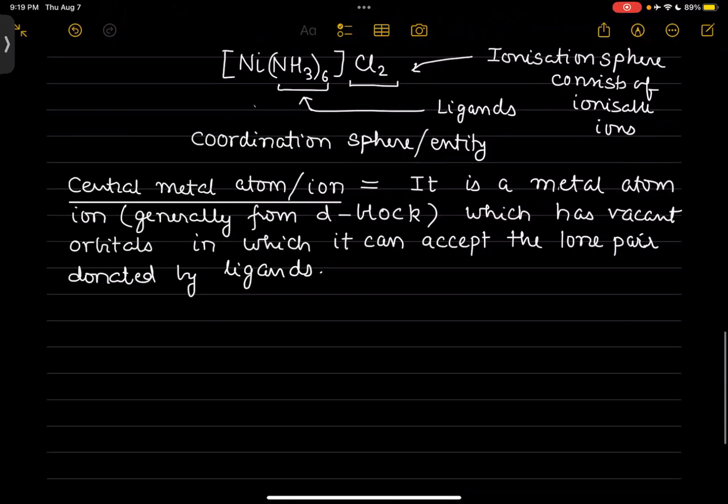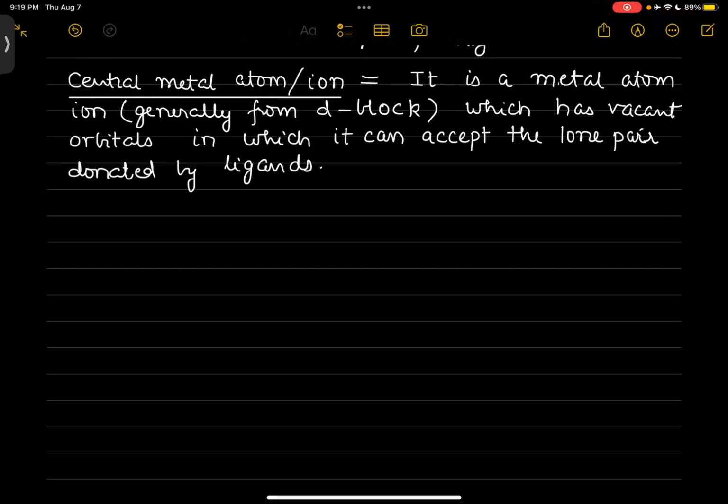Now come to the ligands. So what are they?